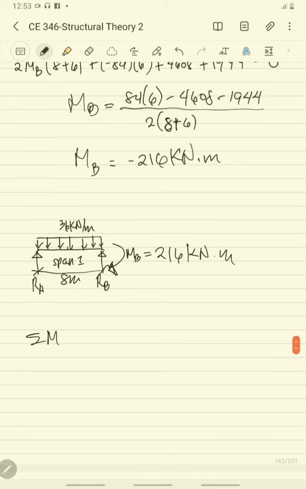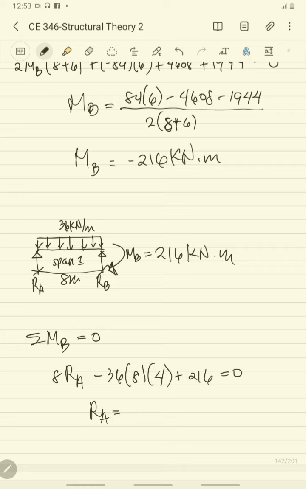For our reaction at A, we take the summation of moment left of B. So we have to take summation moment at B equal to 0. So this is the summation of moment left of B. So you have here 8 RA minus 36 times 8 times 4, then plus 216 equal to 0.